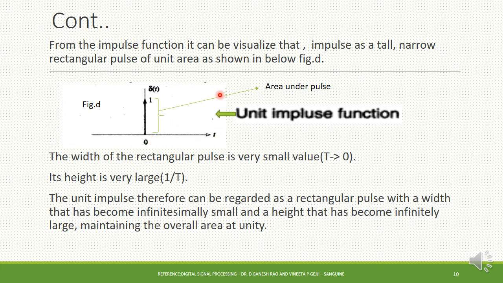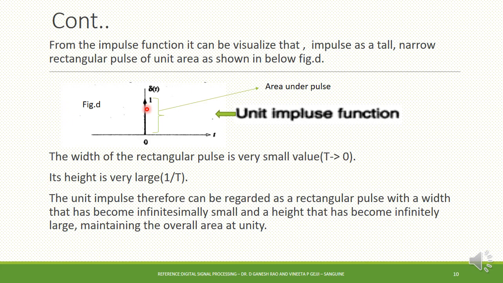This is the representation of the unit impulse function. In this representation, the arrow is usually what we use to represent amplitude.